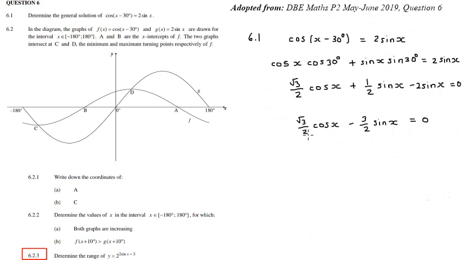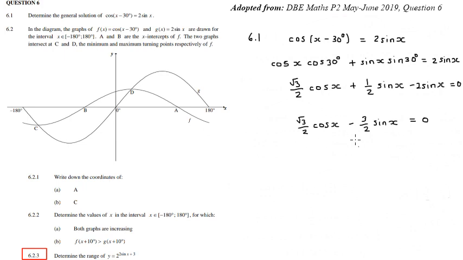We now have the type where we have the same angles and some coefficients, and we don't have this equal to a number, we have this equal to 0, which is nice because we don't have to worry about dividing through by anything.